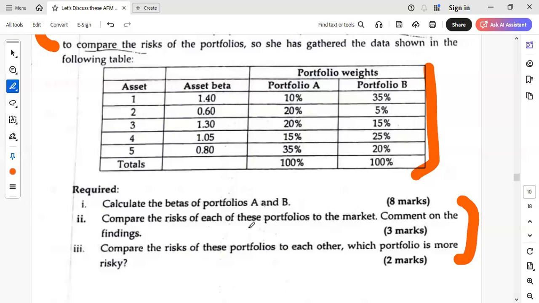Compare the risks of each of these and comment.